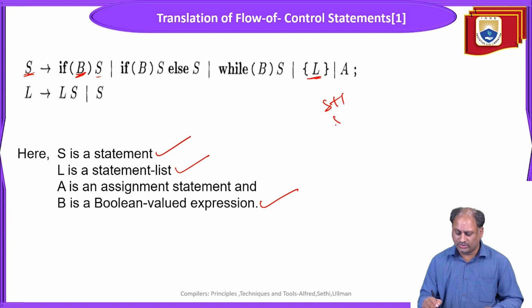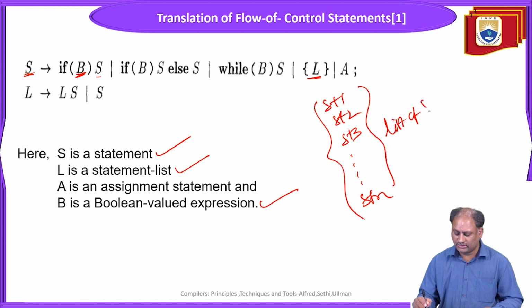That means statement 1, statement 2, statement 3, so on, statement M. This is called a list of statements, whereas a single statement is S. That is A, also considered as one of the assignment statements.